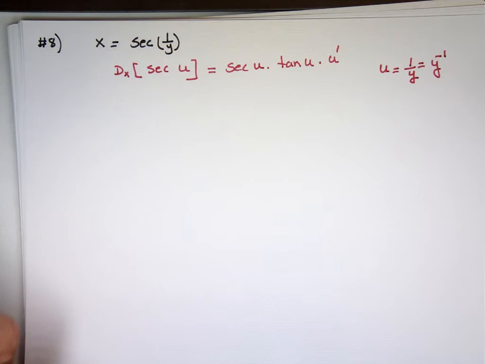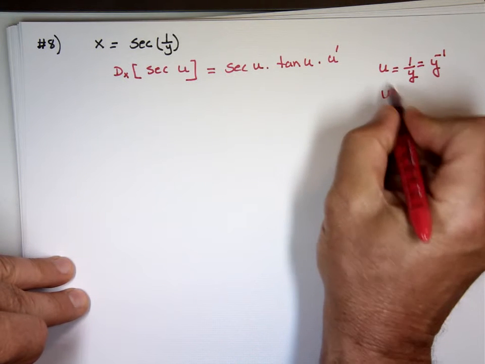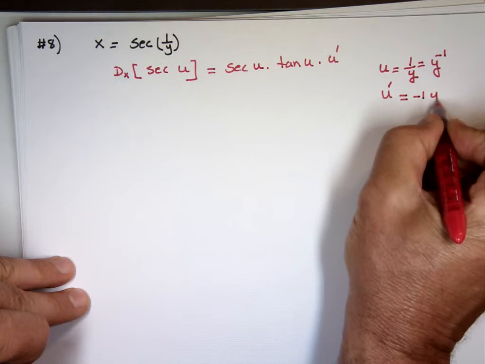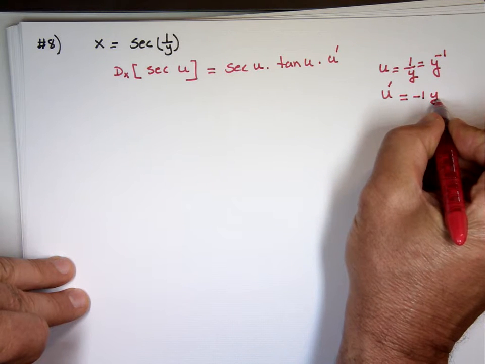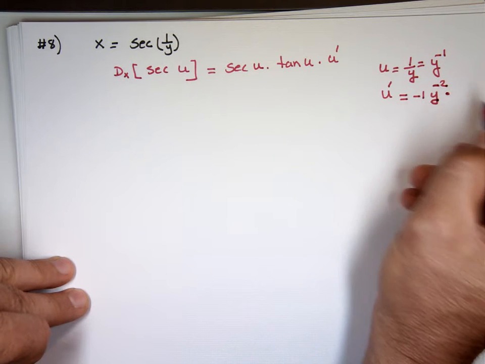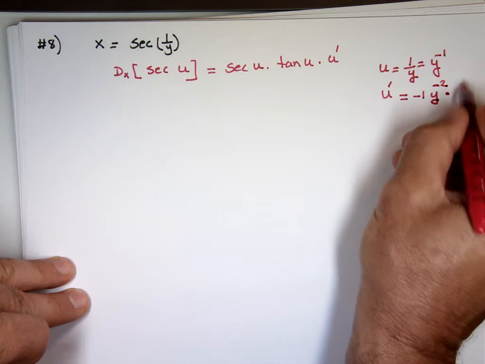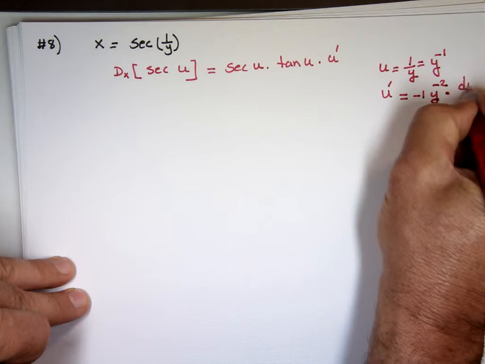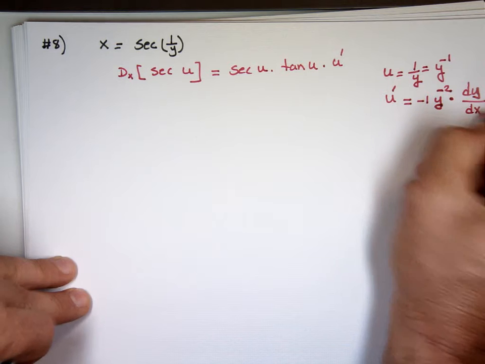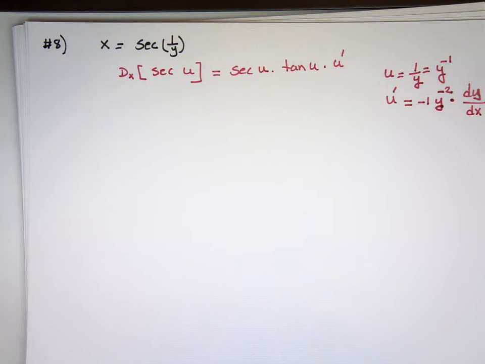So what is the derivative of that? What's the derivative of u? Isn't that minus 1 y to what power? Minus 2 times what? Dy dx. Sorry, I'm not using x here, I'm using y and u here.